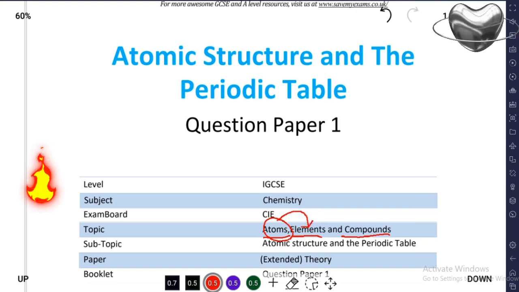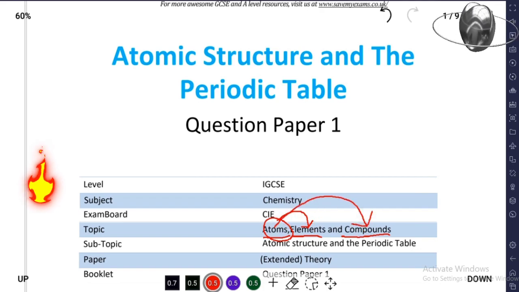That's the reason why we define an atom as the smallest particle of an element that can take part in the chemical reaction. Now, since these atoms can take part in the chemical reactions, we can also discuss the compounds, because when they take part in the chemical reactions, what are formed are compounds. That's the reason why we are saying the topic is atoms, elements, and compounds.